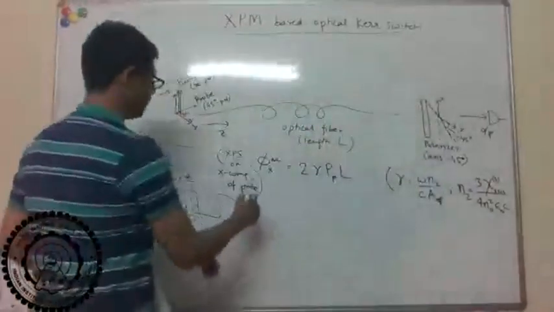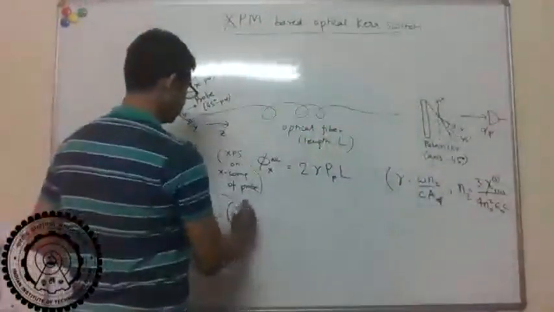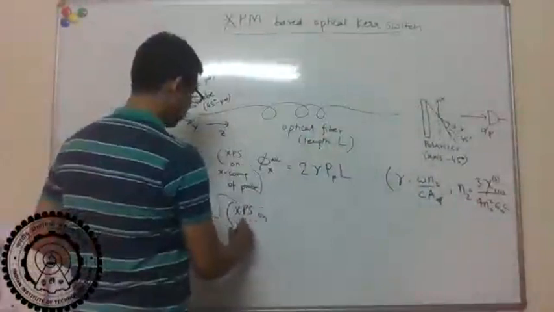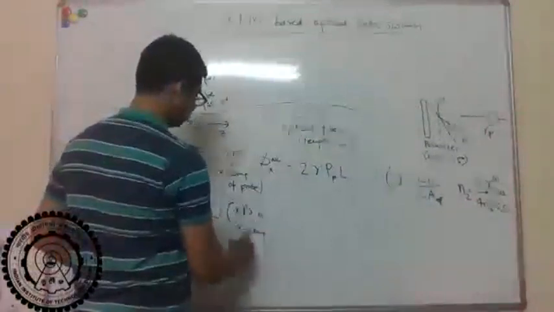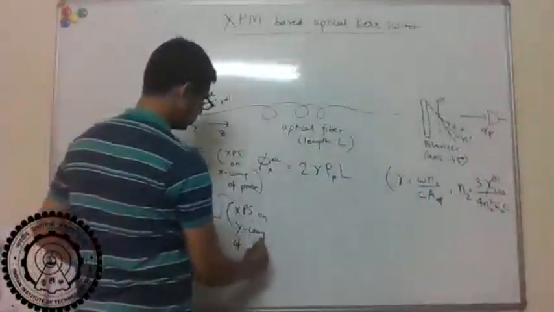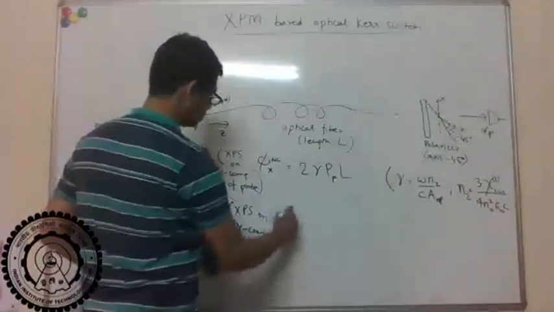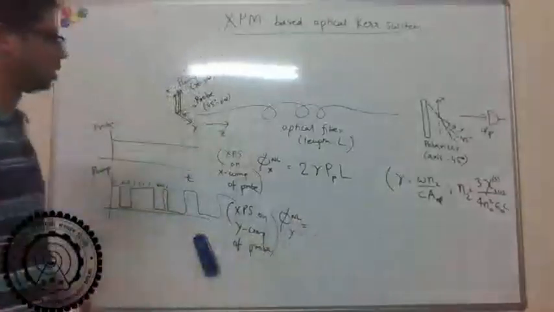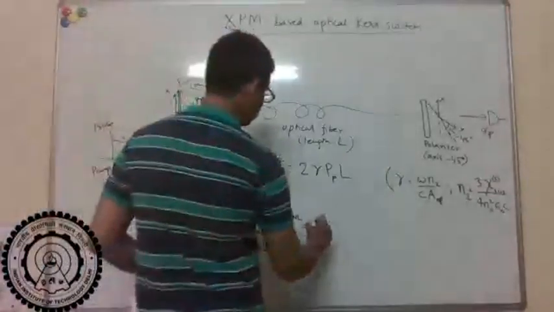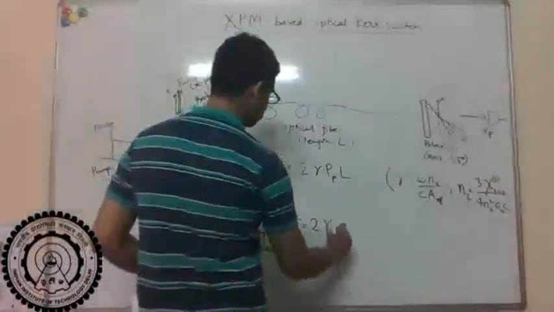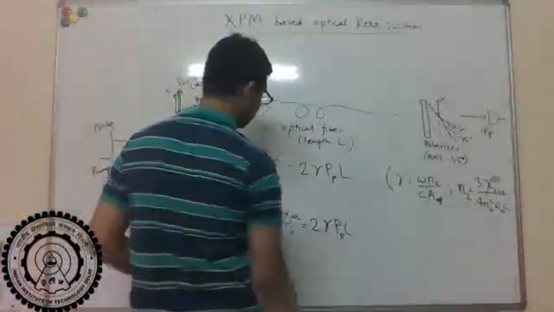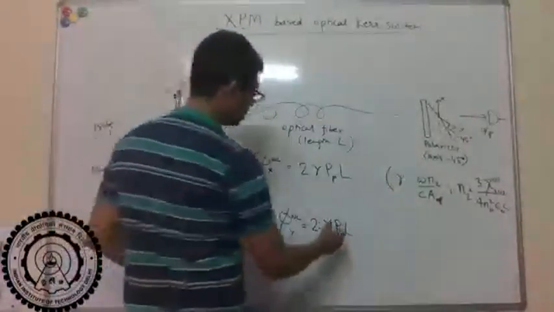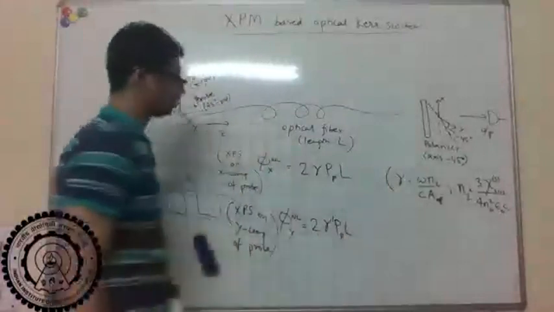Similarly, we can write the cross phase shift on the Y component. That would also be 2 times pump power times L, except let me call this gamma prime now.